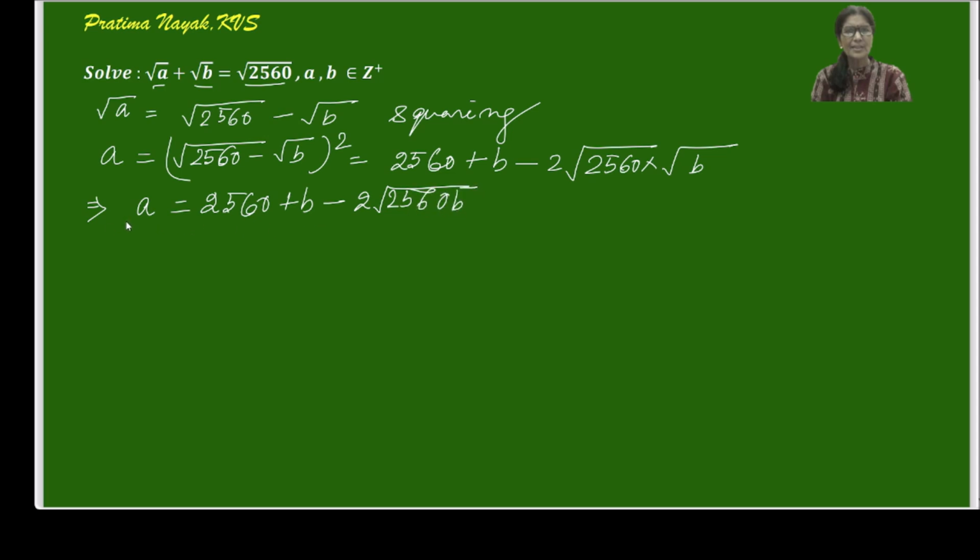Now a is an integer, so the left side is an integer. 2560 is an integer, b is also an integer. So to make both the sides equal, 2 times square root of 2560b must be an integer.